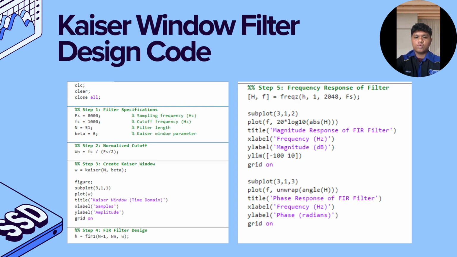The FIR1 function combines the normalized cutoff frequency and the Kaiser window to produce the FIR filter coefficients. Finally, we use FREQZ to plot the frequency response, both magnitude and phase. The magnitude plot shows how well the filter passes or blocks frequencies, while the phase plot indicates signal distortion.